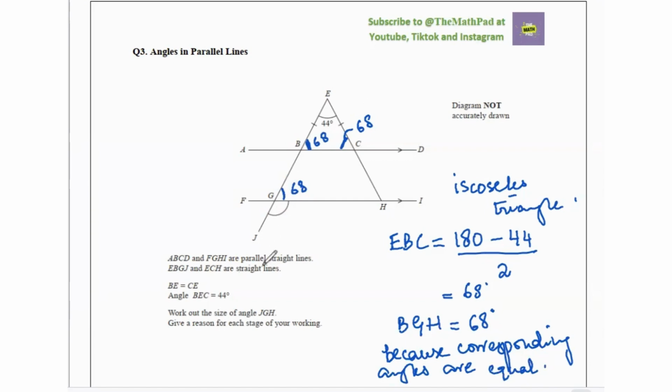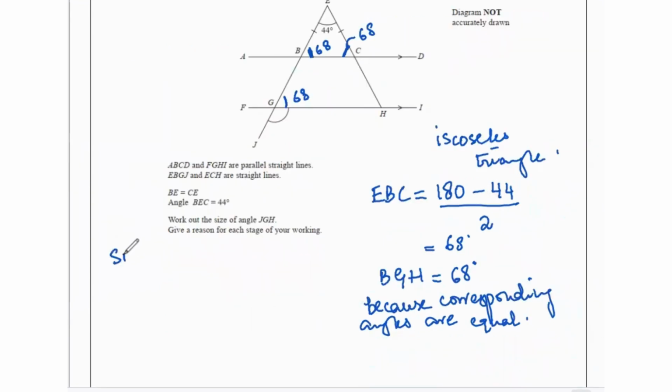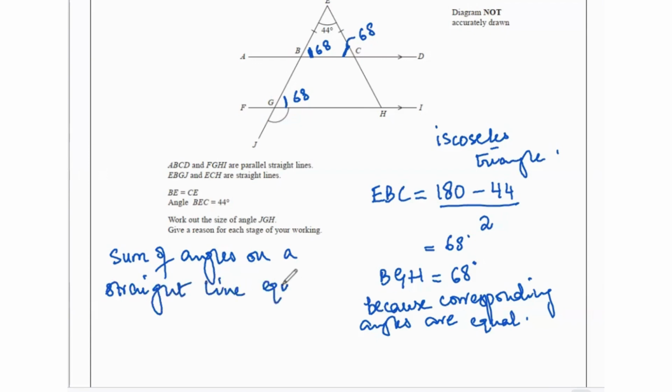Now, our goal is to figure out the angle JGH. So we know that it's a straight line and sum of angles on a straight line equals 180 degrees.